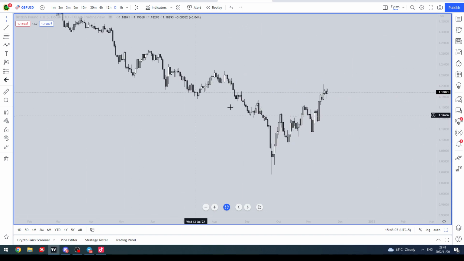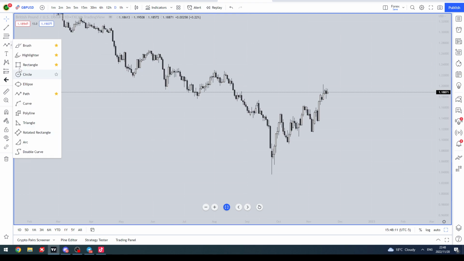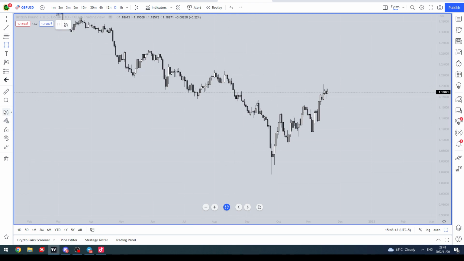Right, where are we in the greater scheme of things? We are most likely at an order block, if I'm not mistaken. Not yet. Right, so that's where your draw on liquidity is going to be. Look for this to get back up to the order block, at least here, right?